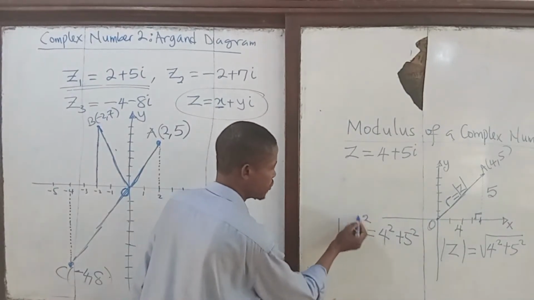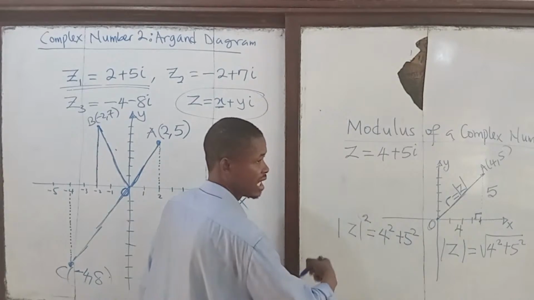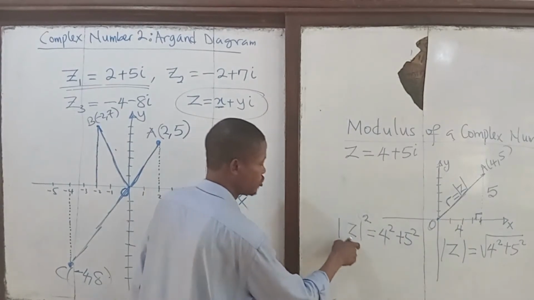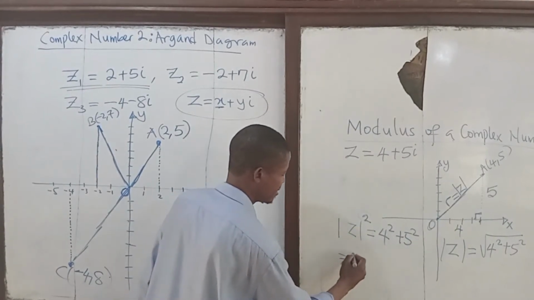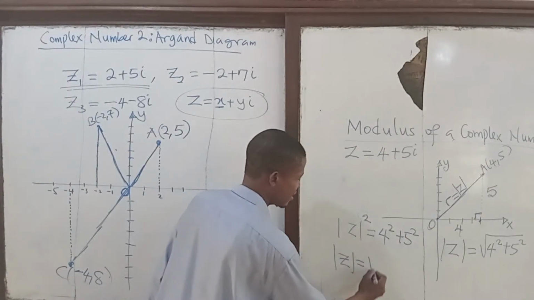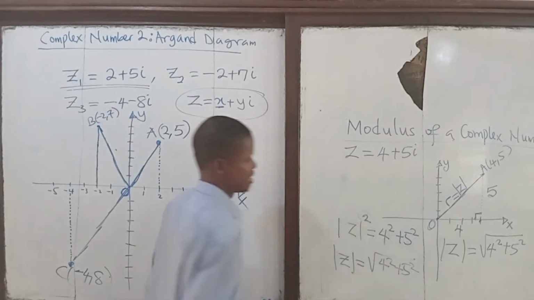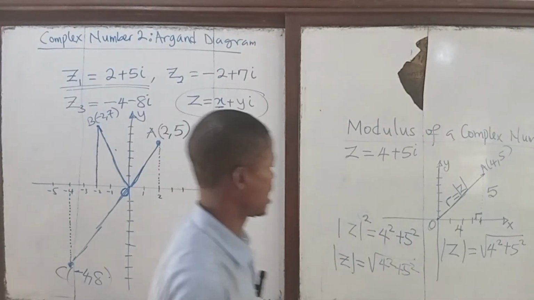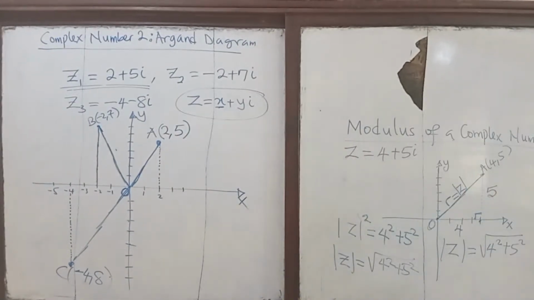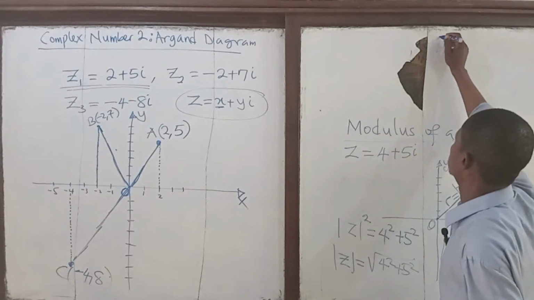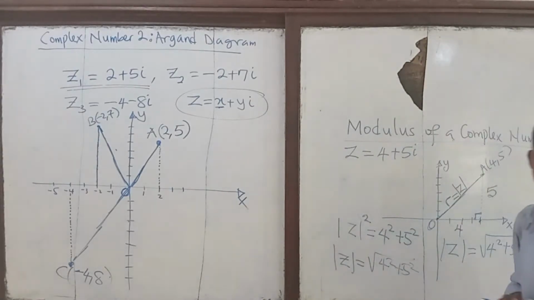Then you can remove the squares by taking the square root of both sides. So you have the modulus equal to the square root of 4 squared plus 5 squared. So that's that on the modulus of a complex number. Then we can quickly go to what we call the argument of a complex number.